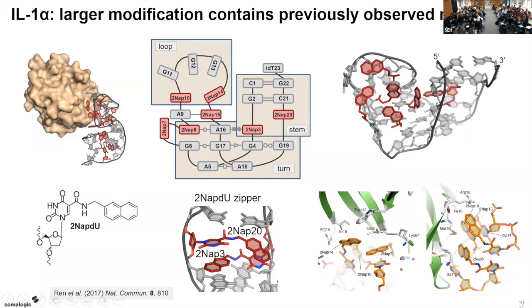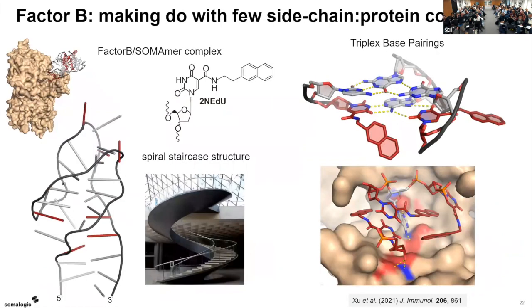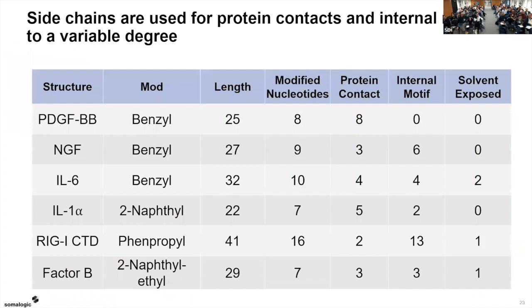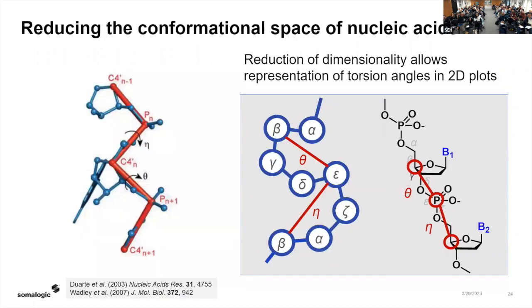This particular structure has resolution that's less than 2 angstroms, and so you can actually see water molecules in this context. I'm going to skip this next one for the interest of time, and just show you the length of these reagents when fully truncated, and the fact that there's a variable number of these hydrophobic aromatic side chains that interact with the protein, and then the ones that form internal motifs.